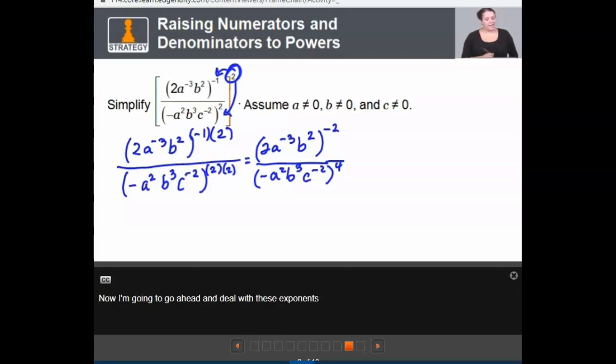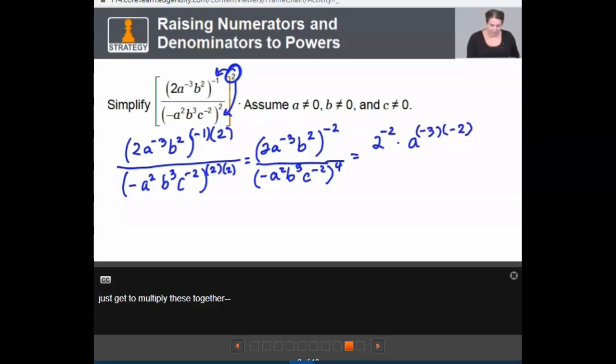Now, I'm going to go ahead and deal with these exponents again because I just want to get rid of my parentheses so I can start creating ones and getting things to go away. So I'm going to multiply everything inside by this negative 2 and this 4. So this is 2 raised to the negative 2 times a negative 3 times negative 2, right? Just get to multiply these together. Times b times 2 to the negative 2, right?